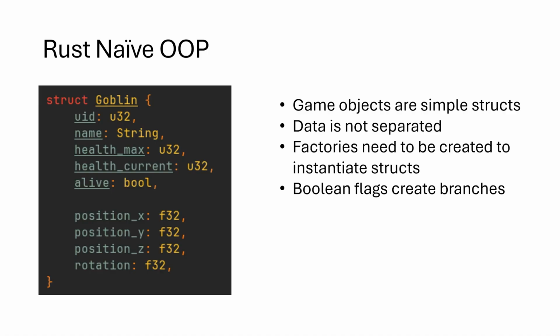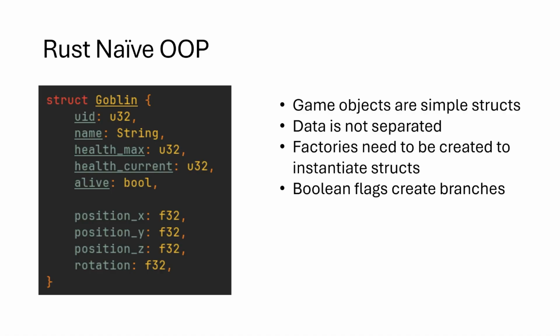We have its name, we have its health, a Boolean to determine whether it's alive or dead, which you may use for various game systems. And then we have 3 dimensions of position and then 1 dimension of rotation. Again, this is just an example. This isn't how you might actually structure a game object. But the data in this example is not separated. It's all stored together contiguously behind this struct in memory.